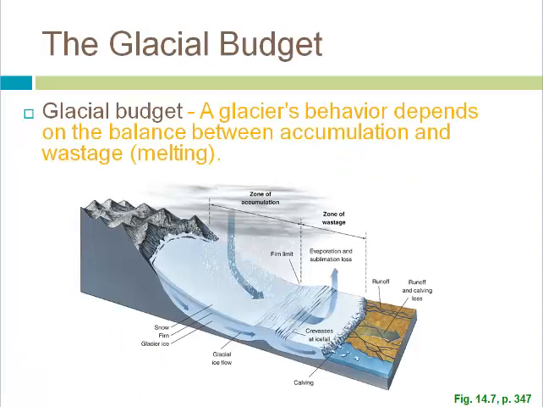The crevices give us an indication of what's going on with the glacial budget, and also what the underlying terrain looks like. The glacial budget basically determines how fast a glacier either grows or retreats. We call that prograde or retrograde. In this case, you have a zone of accumulation, so this would be all the snow, right?